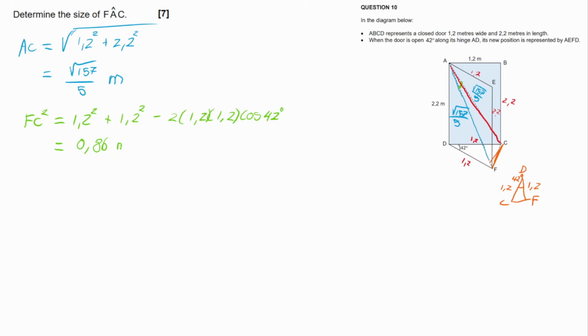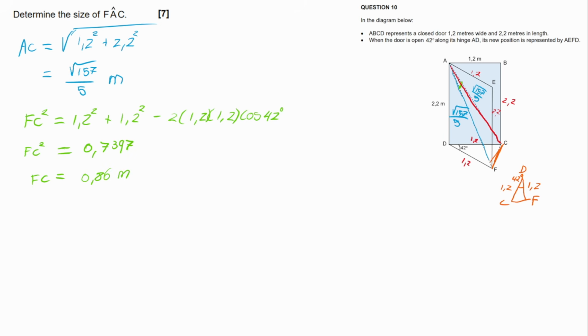Let me go through the steps in my calculator. FC squared is equal to 0,7397, and now I have to square root to find FC. So FC is equal to 0,86 meters.